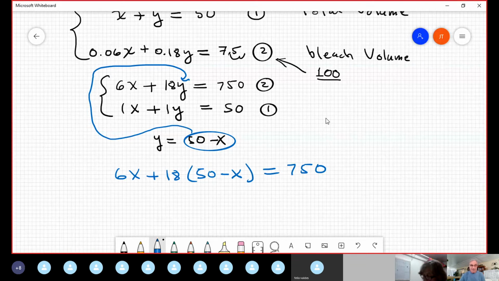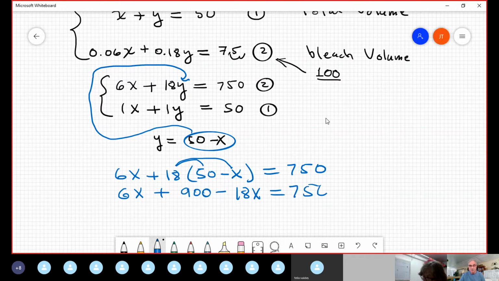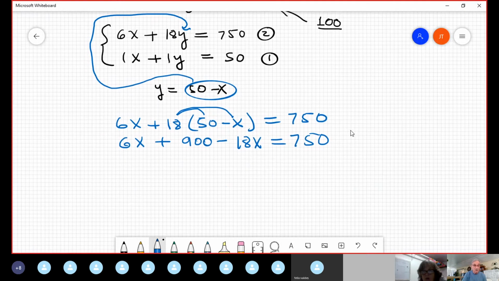To apply the distributive property: 6x plus, let me put in my calculator, 18 times 50, 900, minus 18x equal 750. We combine like terms. 6 minus 18 is negative 12.